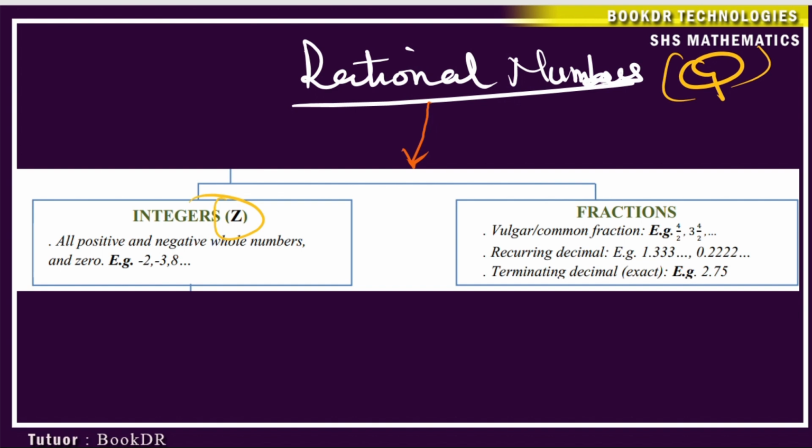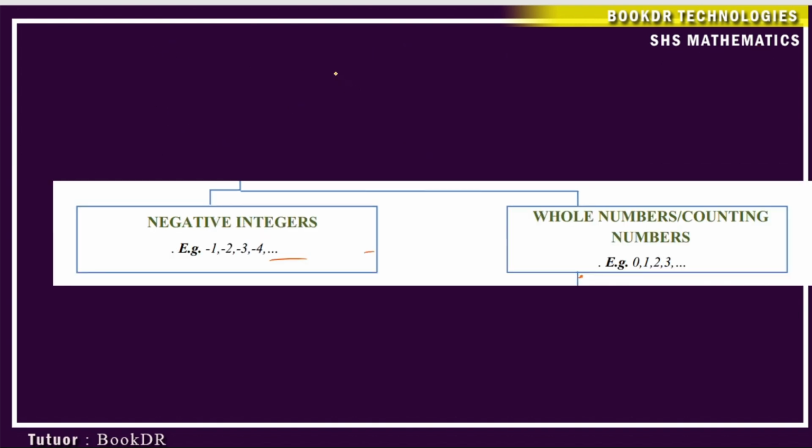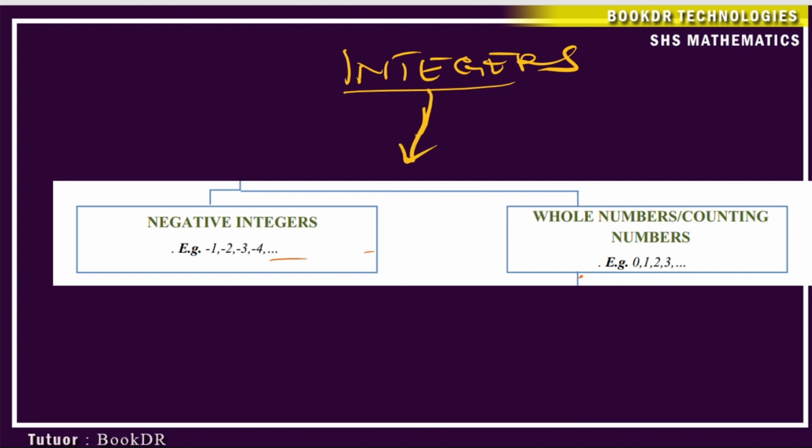Now let's zoom in on integers. Integers have two categories. We have the negative integers and the whole numbers.